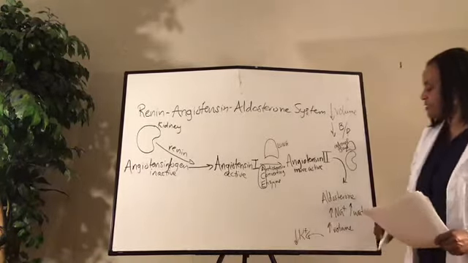So look at all these things that are occurring here. The kidney is involved. Once you see a blood pressure that's really low, or depletion in volume, which will affect blood pressure, as you know, the kidney will release renin.